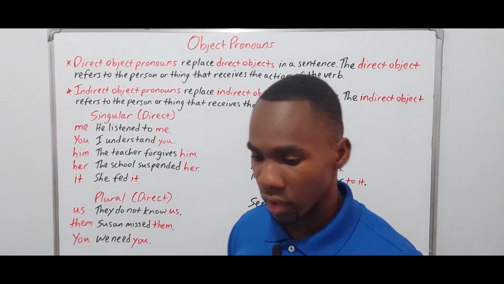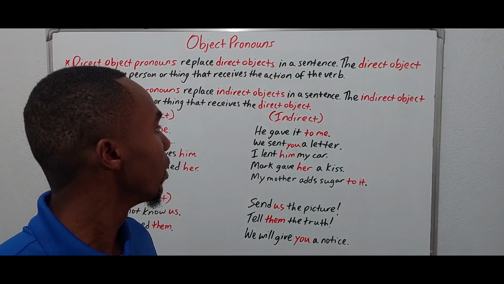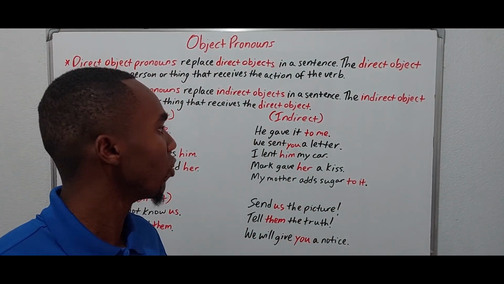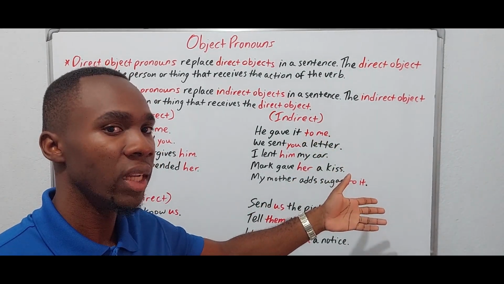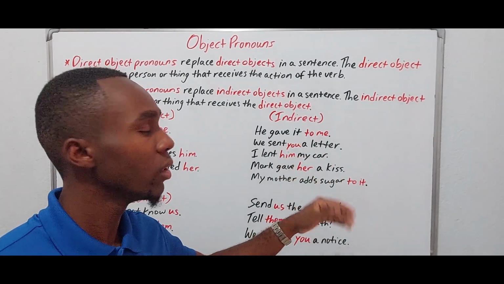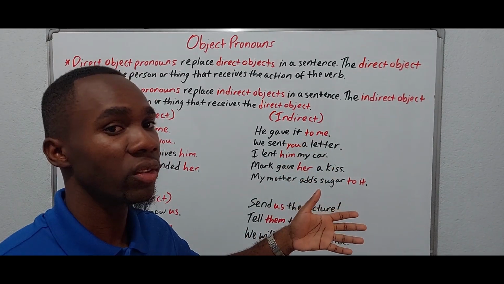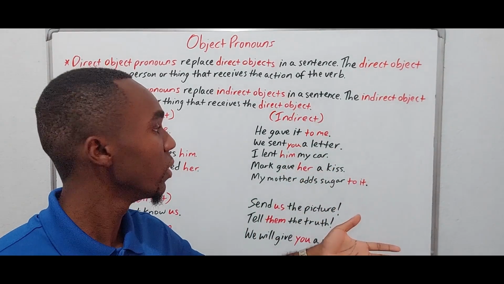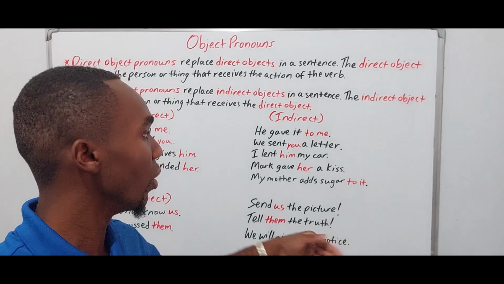All right, so let's move over to indirect object pronouns. He gave it to me. So me, well, to me would be the indirect object pronoun, even though it includes the preposition. And that answers the question of for whom, or rather to whom the action is done. So it was done to me.